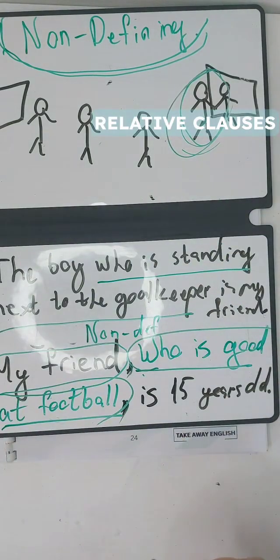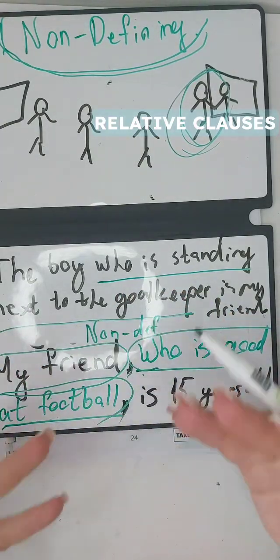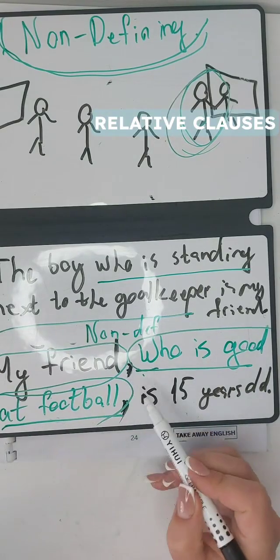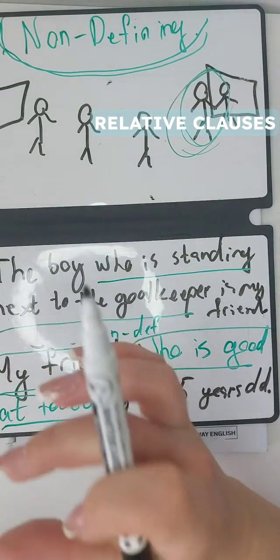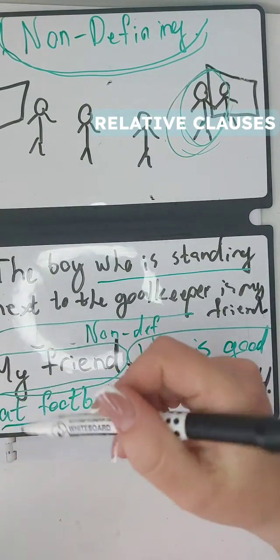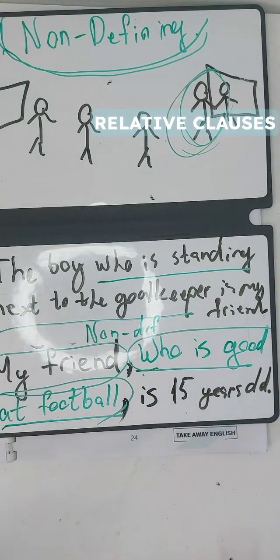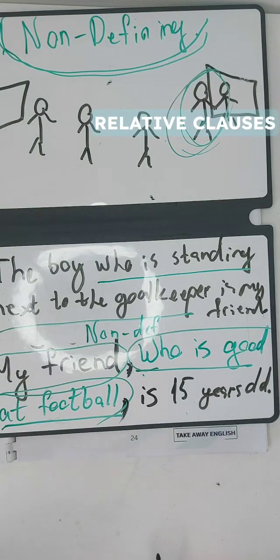These are extra information. They are optional. Okay? So when we just show off or we just add extra information, we need commas. Even when speaking, we pause for a second. My friend, pause for a second, who is good at football, pause, is 15 years old.